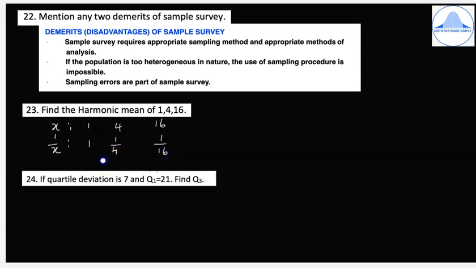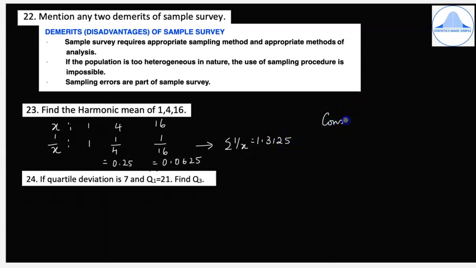So converting 1 by 4 to decimal, it will be 0.25, and 1 by 16 is 0.0625. So if I add up all these, summation 1 by x will be equal to 1.3125.